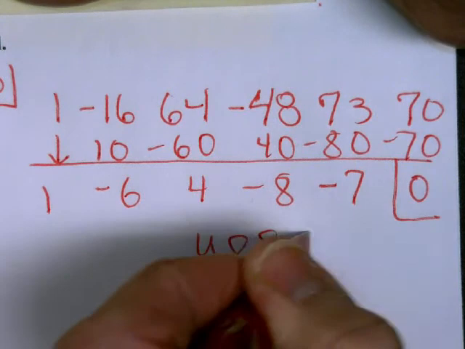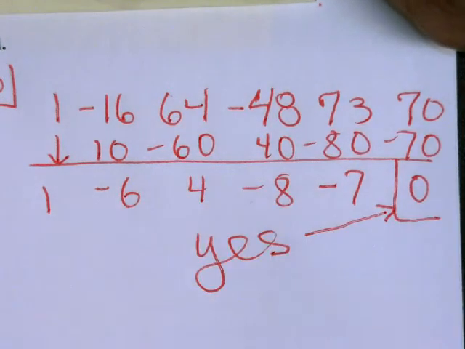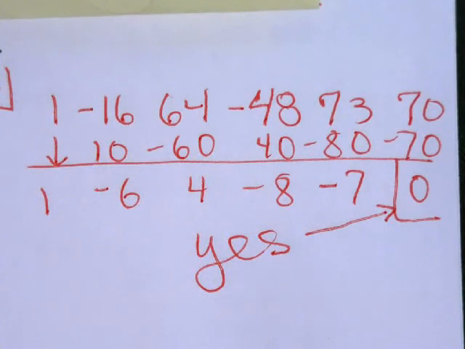It goes fast. So it's a yes. That is a remainder of 0. So that binomial, x minus 10, is a factor of this polynomial given. Thankfully, you do not have to factor the rest. And that's what the homework did.